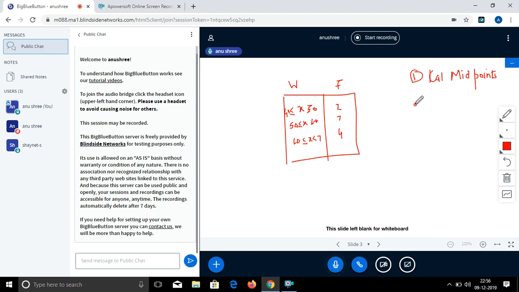Is it clear? Okay, first thing, am I audible to you? Can you hear me properly? Okay. And then second, what you have to do after this? You have calculated x, your midpoints. Then after what you have to do? So midpoints are 45, 55, 65.